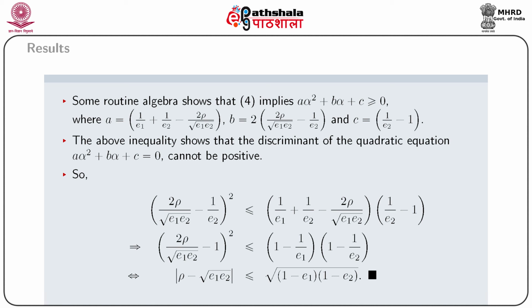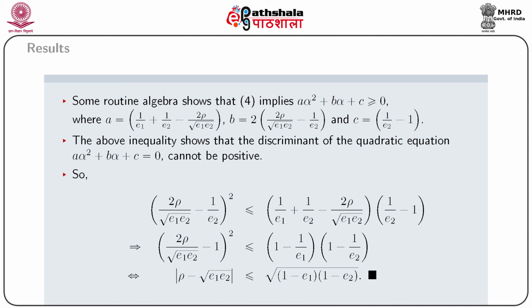From equation 1, it is clear that the discriminant of the quadratic equation a alpha square plus b alpha plus c equals 0 cannot be positive.